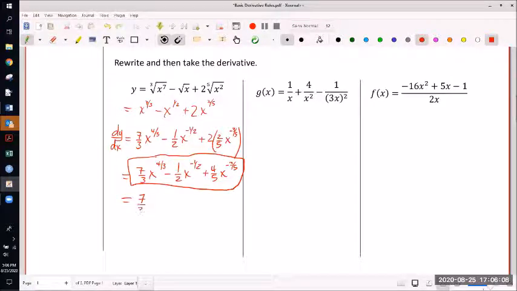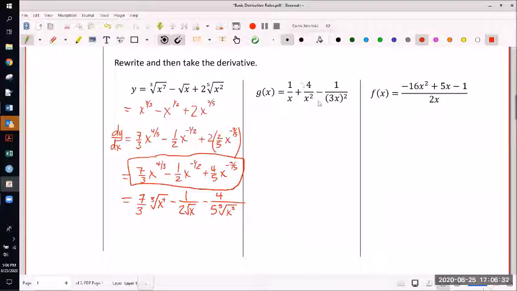But if we wanted to rewrite, I could write 7/3 times the cube root of x to the 4th minus 1/2 times the square root of x minus 4/5 times the 5th root of x cubed.